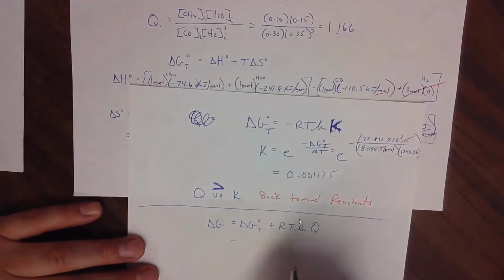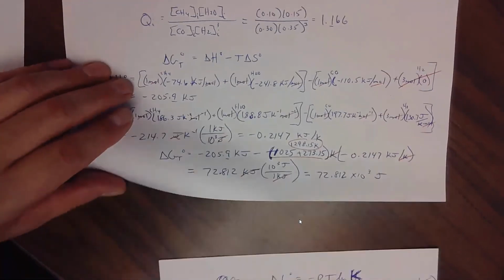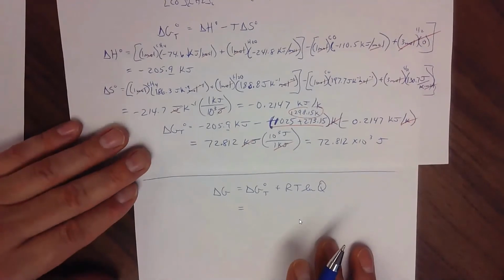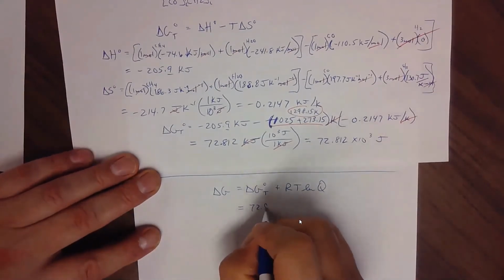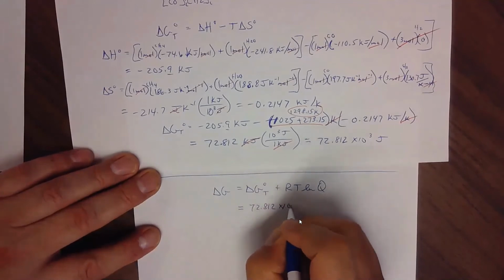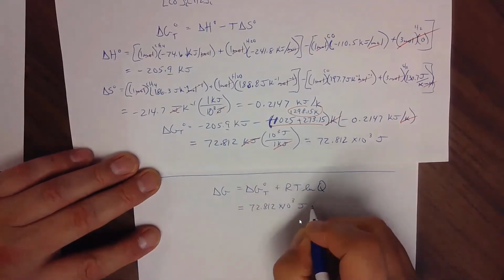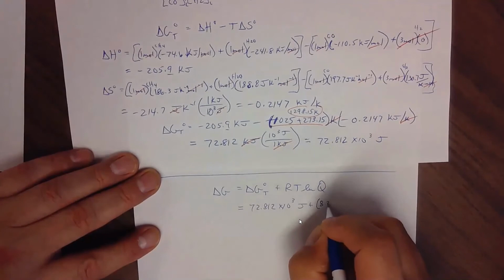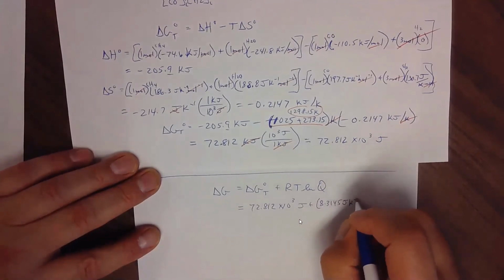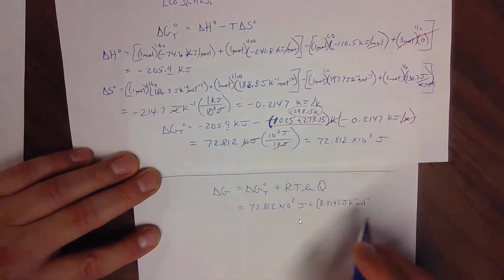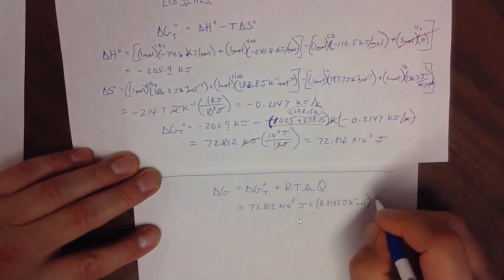I'm going to put this again in terms of our joules. So this is 72.812 times 10 to the third joules plus our R value, 8.3145 joules per Kelvin per mole. And again, we know that we're going to end up having to ignore that mole just like we did before.